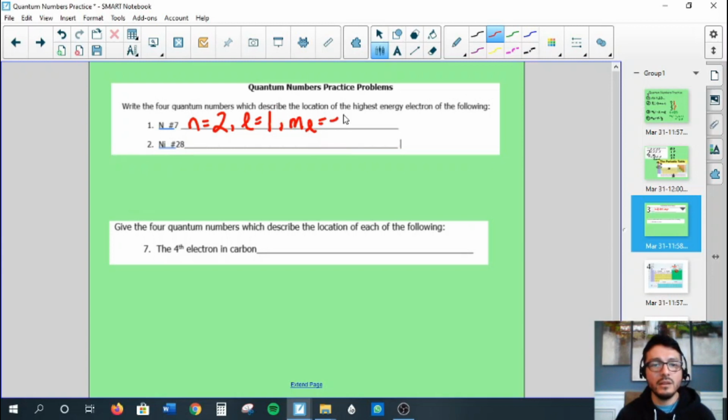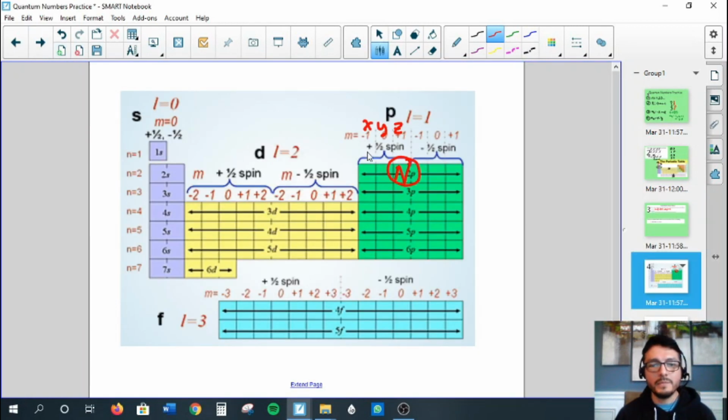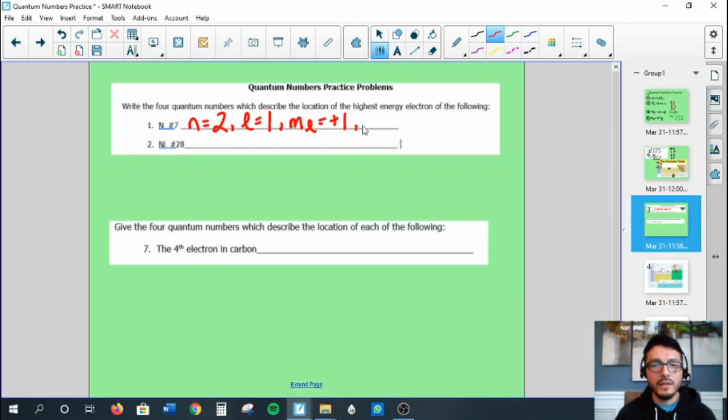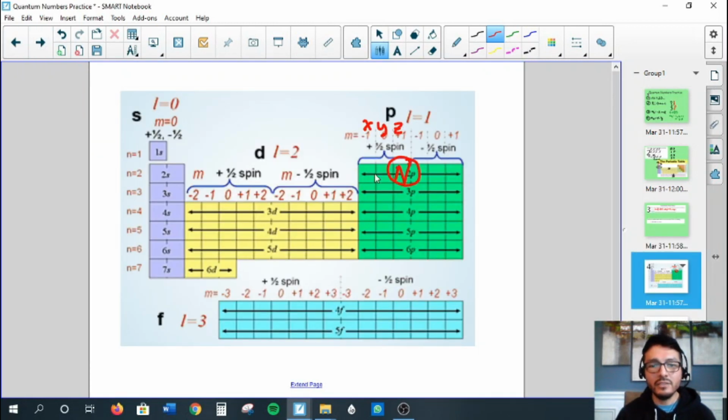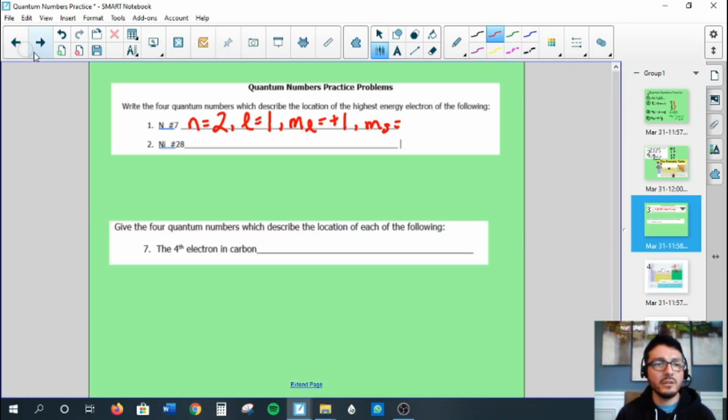So we're going to write +1. Again, hope I didn't confuse you there. -1, 0, +1, +1. Okay, last number refers to spin. It is in the first half of this p block, so it's going to be positive. So positive half. And we're done.